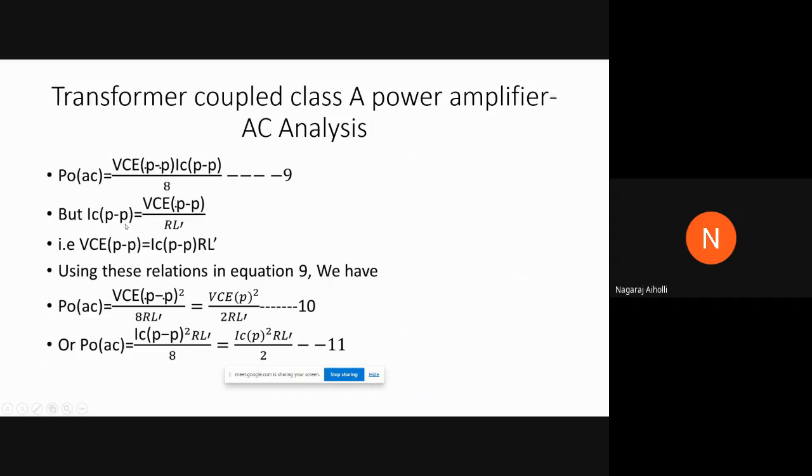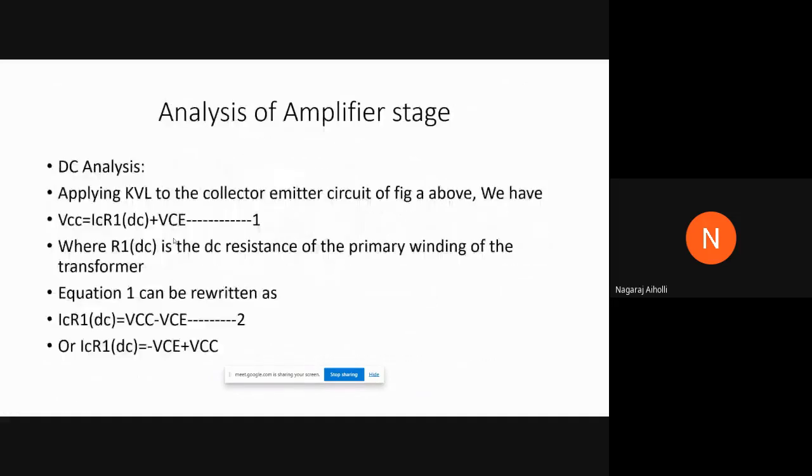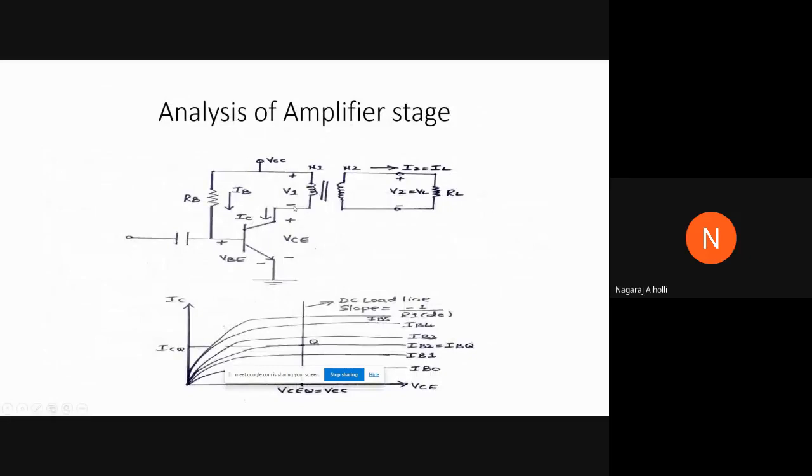But IC peak to peak is equal to VCE peak to peak by RL dash. It is Ohm's law, I is equal to V by R. How are we getting this? Let's go back to the circuit. That is IC peak, the current here, right? The current flowing into the collector, IC peak to peak, is VCE peak to peak divided by the resistance, RL dash.